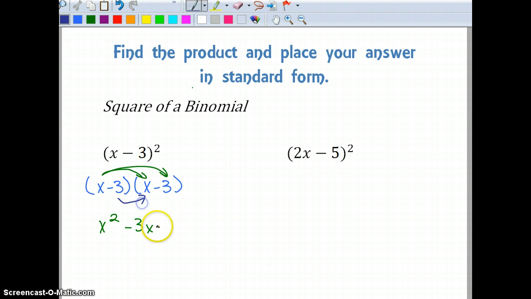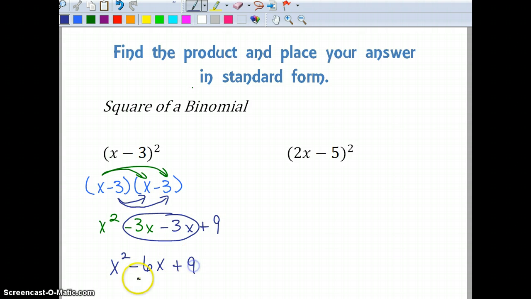Negative 3 times x gives me negative 3x again. And negative 3 times negative 3 gives me a positive 9. I'm going to combine my like terms. Negative 3x minus 3x gives me negative 6x. Oh, so I have x squared minus 6x plus 9.